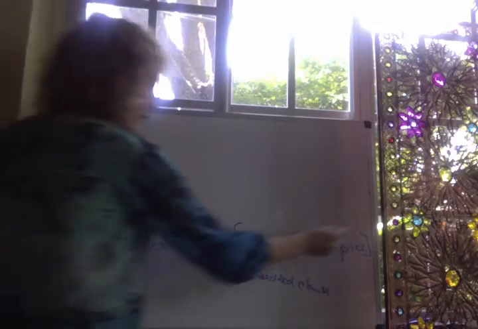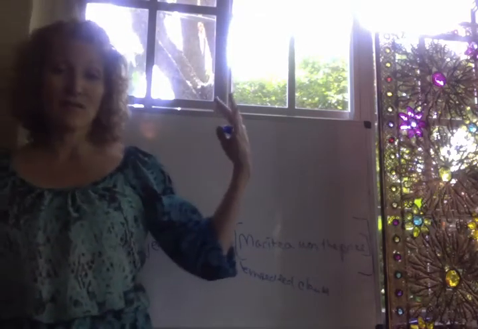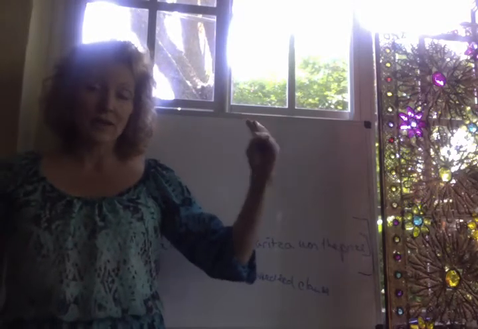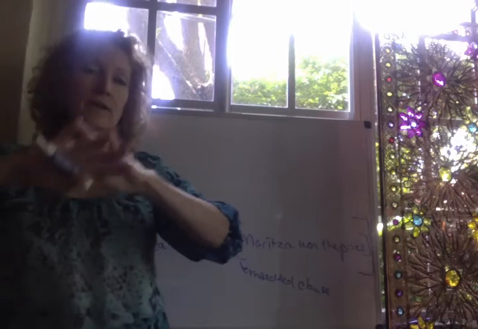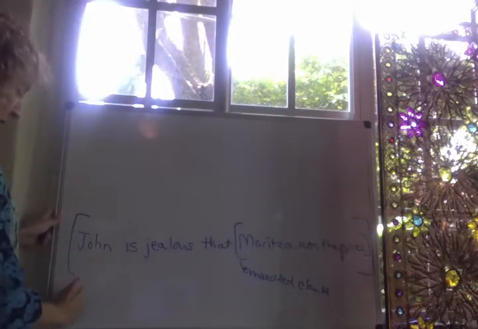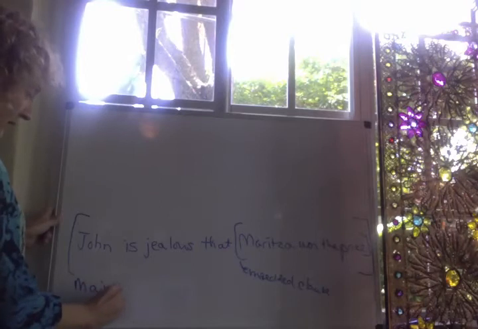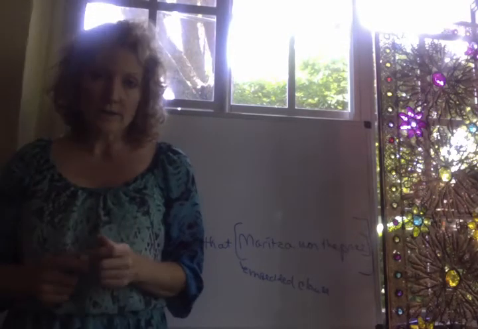And notice that what is our main clause? Our main clause is consisting of the whole entire structure. That will always be the case. So the main clause always includes all of the material of the sentence. So here our main clause is John is jealous that Maritza won the prize.